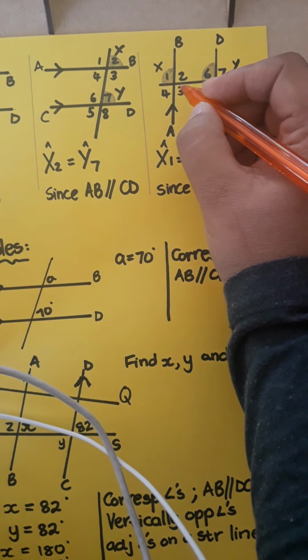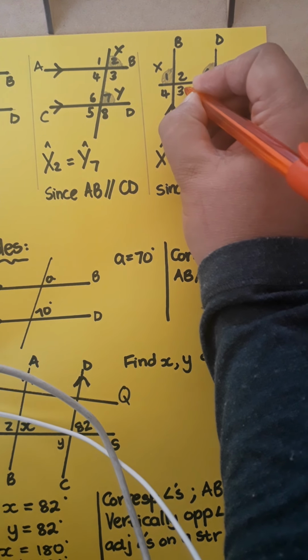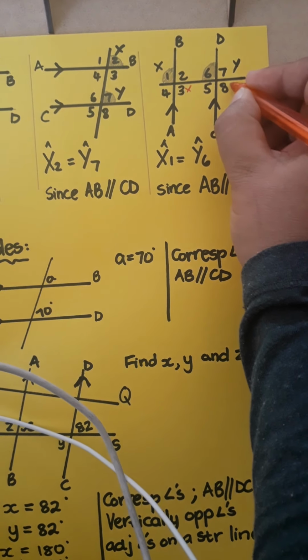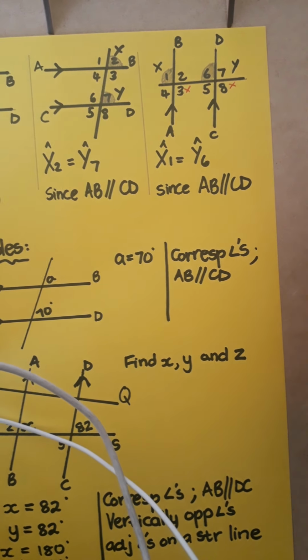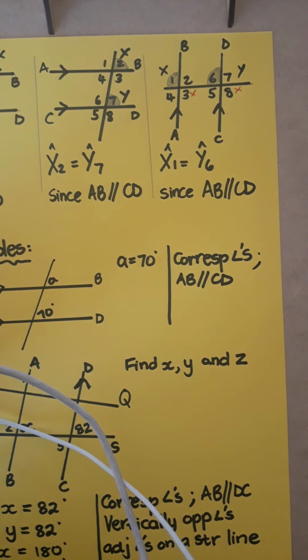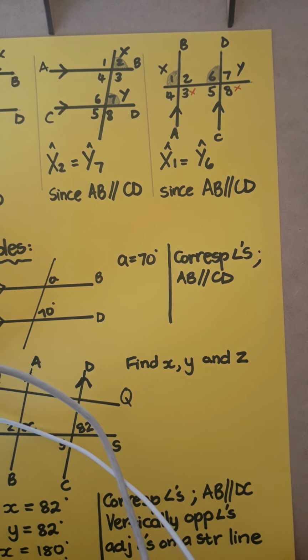And then we can also say that this angle here, X3, is equal to Y8. Those two are also known as corresponding angles. They are equal, okay, because we have AB being parallel to CD.